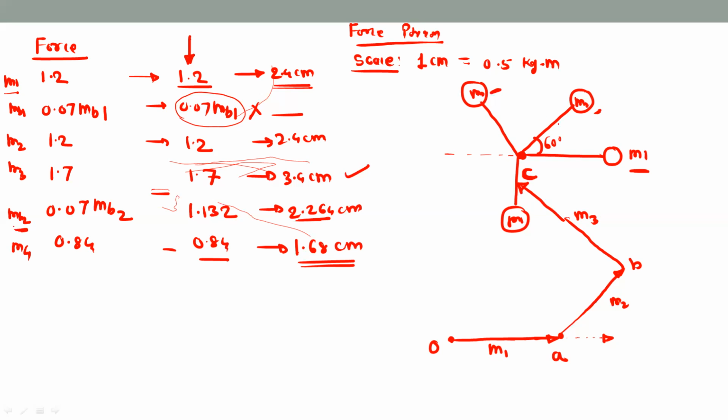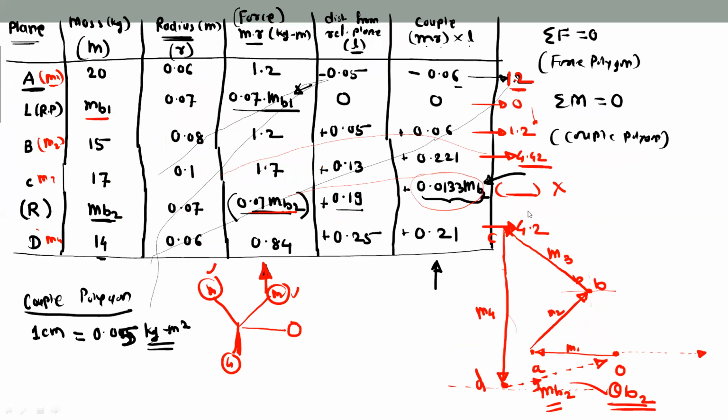But in this diagram, we have not shown the balancing mass direction. So for that direction, refer to this diagram. This is the balancing mass vector. So we will draw this.